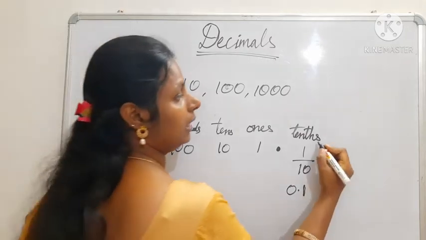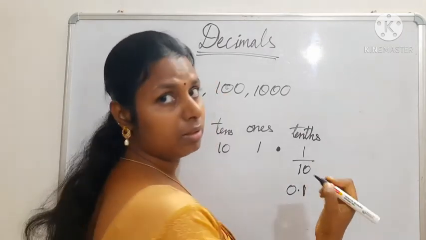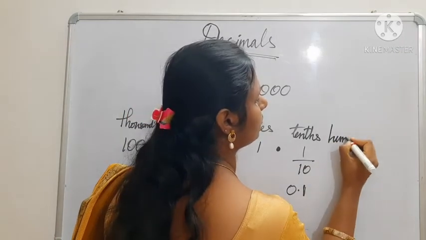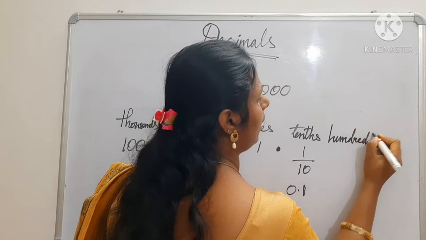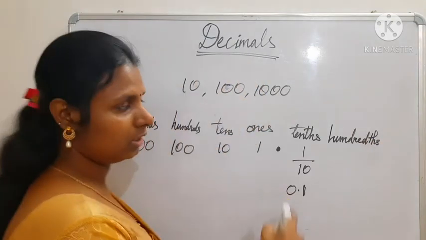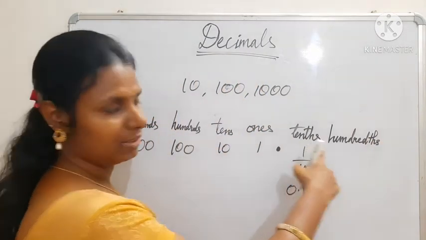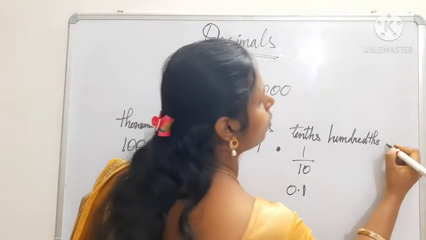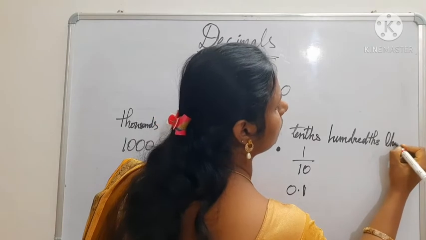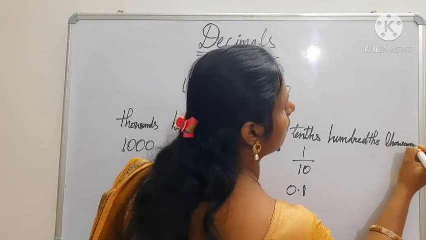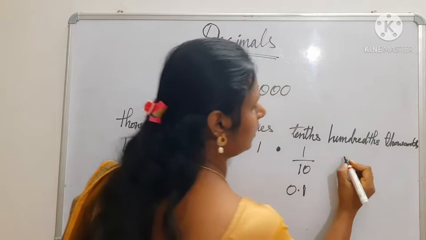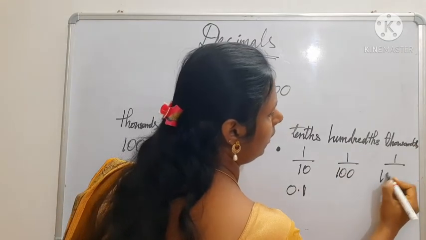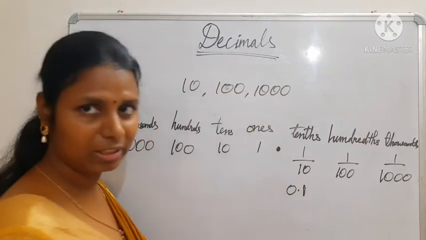The next place is hundredths, then thousandths. So here 1 upon 100, here 1 upon 1,000. It keeps on going like that.